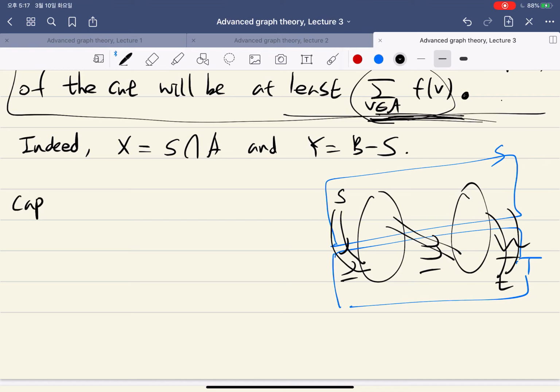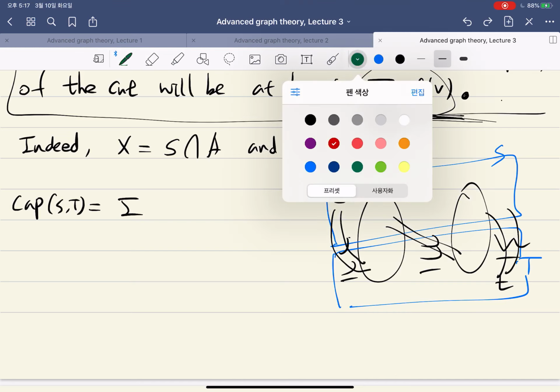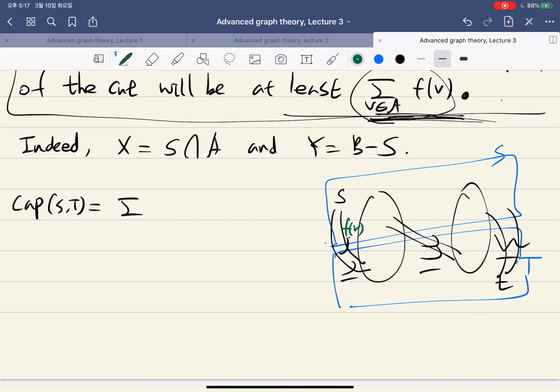Then the capacity is the summation of all f values. So this has capacity f of b for this b, and for this u, this is f of u. So f of, say, X is in A minus X. So this is X. S intersection A is X, and Y, B minus Y is Y. This is Y.